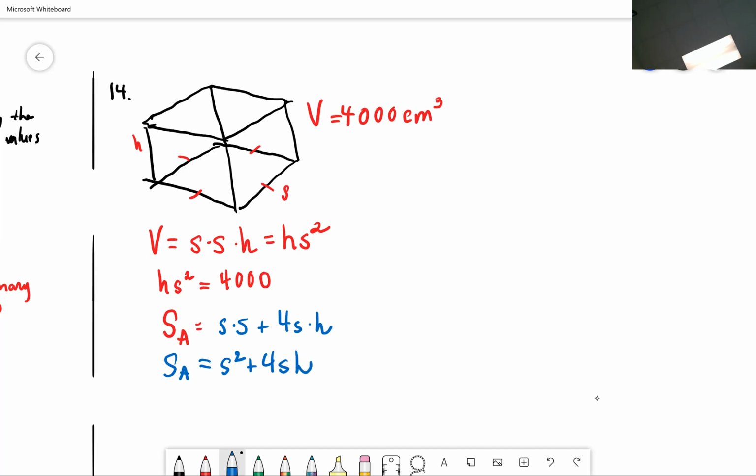Do you see how I came up with S squared plus 4SH?